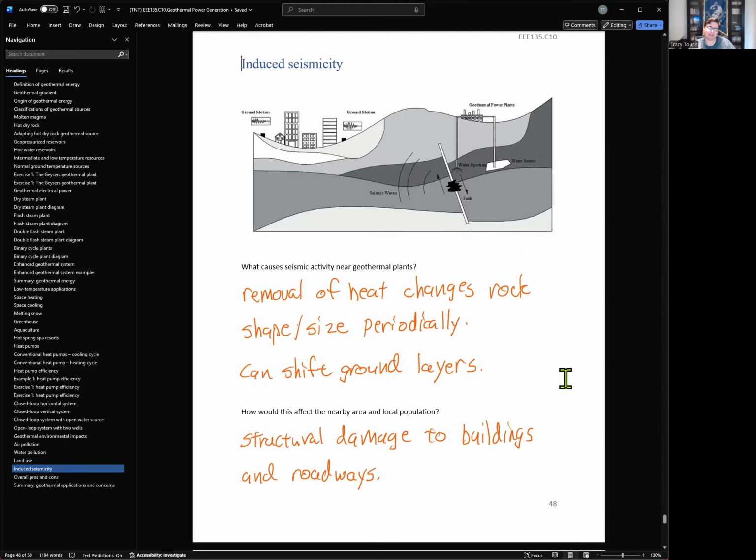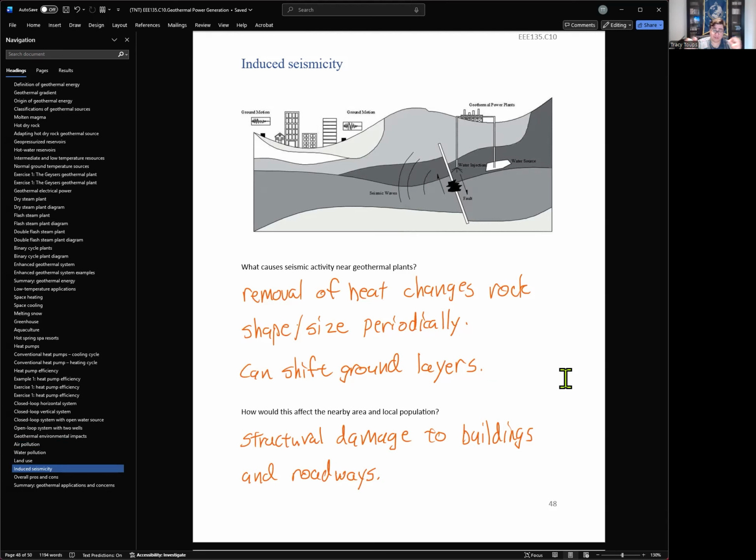Lastly, we've got induced seismicity. This is basically a fancy word to say earthquakes. Mini earthquakes, to be exact. When we constantly remove heat from the rock and we inject water, we will change the shape and size periodically of the rock bed itself. When we're taking heat, things shrink, right?